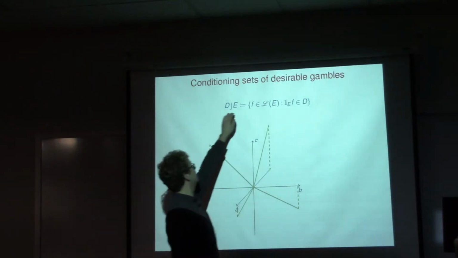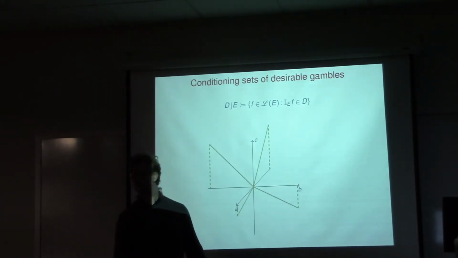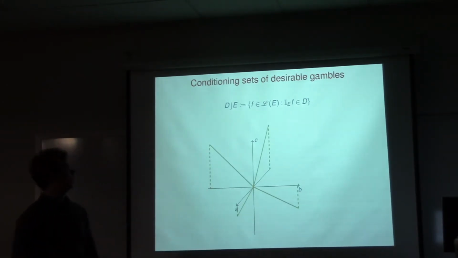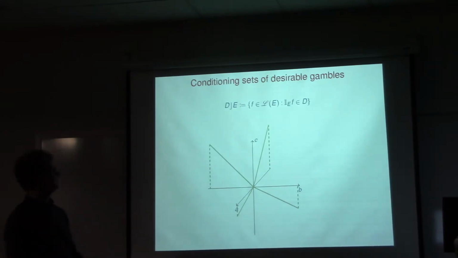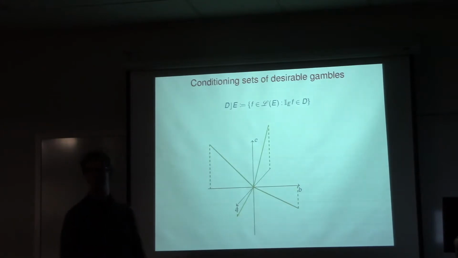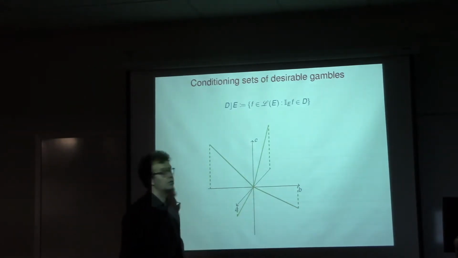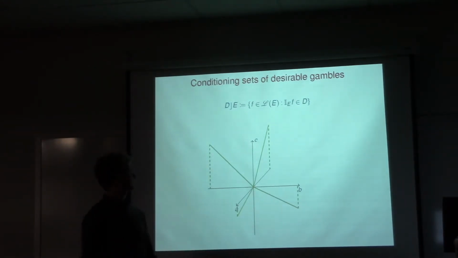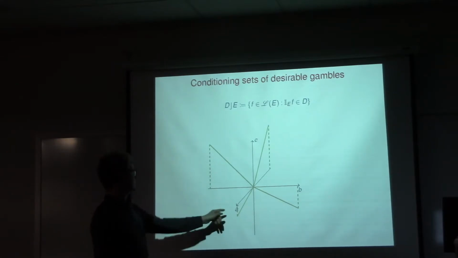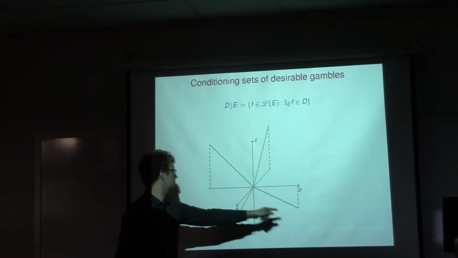So this is my conditional set of desirable gambles. Let's interpret it graphically. Now I need a 3D space, so it's a more difficult picture. My set of desirable gambles that I will be working with is the smallest cone that contains those 4 gambles.